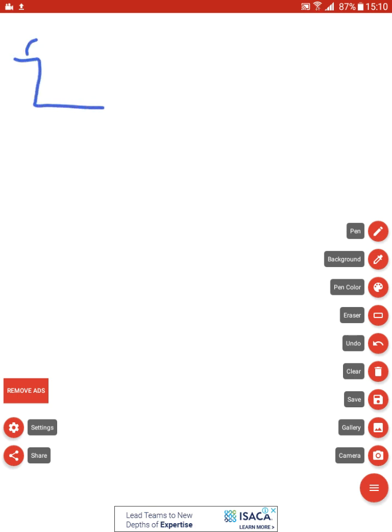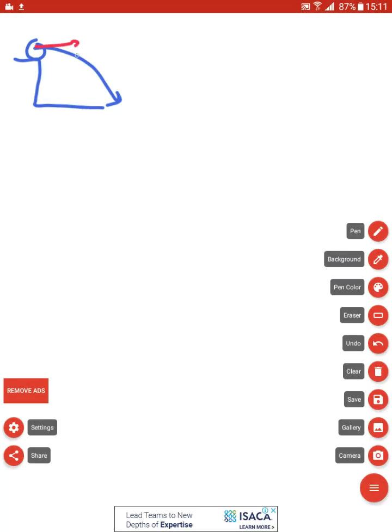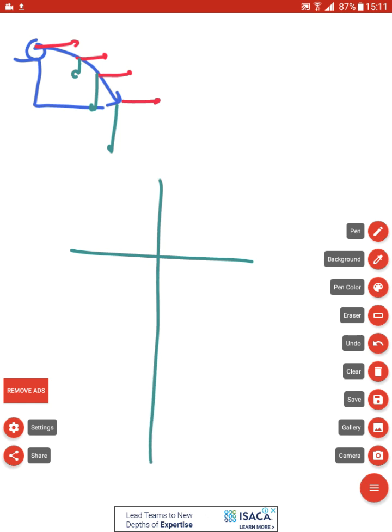Again, we have a cliff with an object moving like this. This is the horizontal speed, which is constant. And we have vertical speed, which increases as the object moves down. So you can have two directions, a horizontal direction and a vertical direction.